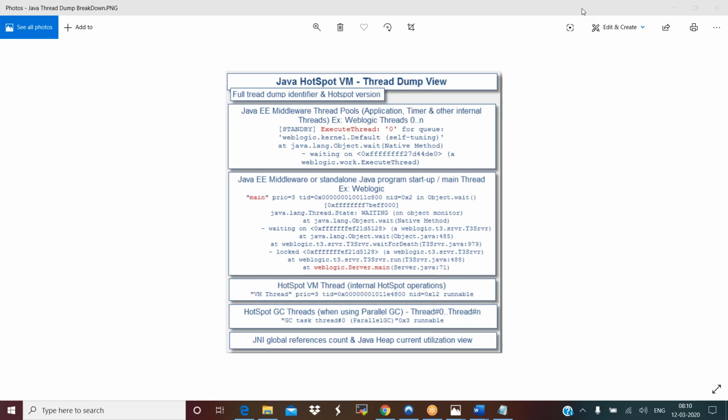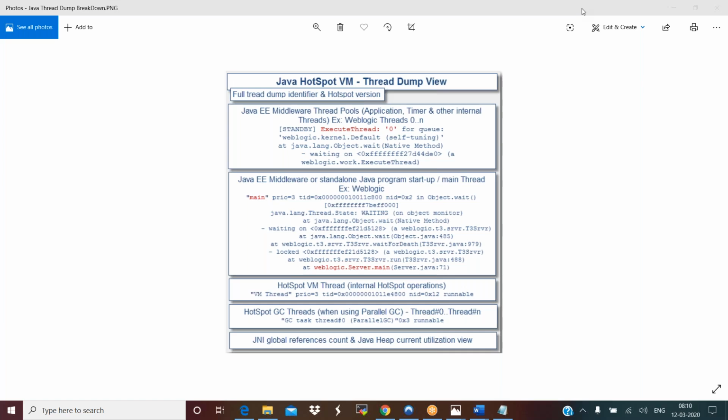That means it is very important to understand the snapshot of the thread dump that you take of the current execution context. So it is important to understand how many thread dumps you have to take, because one snapshot would not be enough to reach a conclusion about why the threads are blocking or why the threads are waiting.